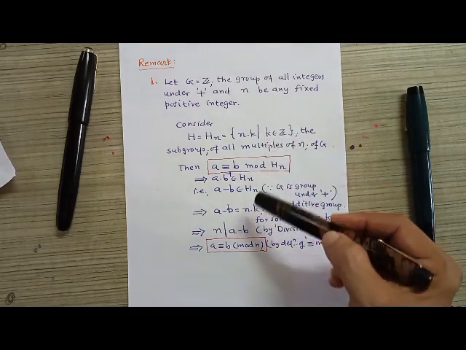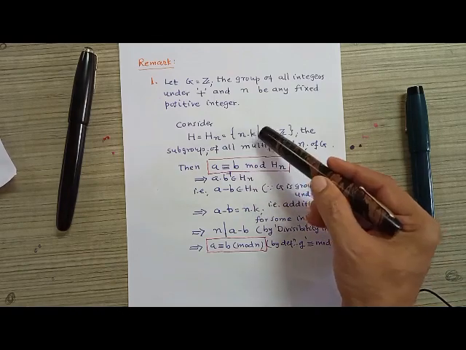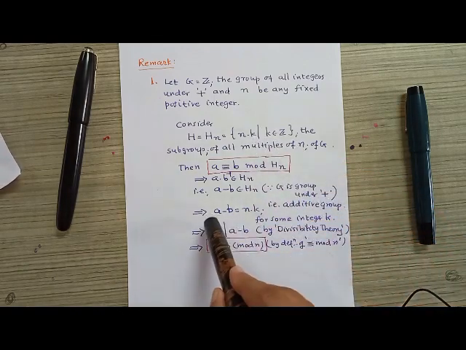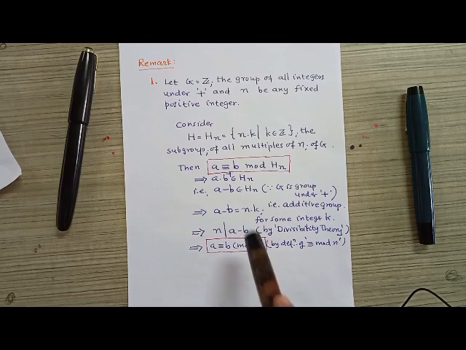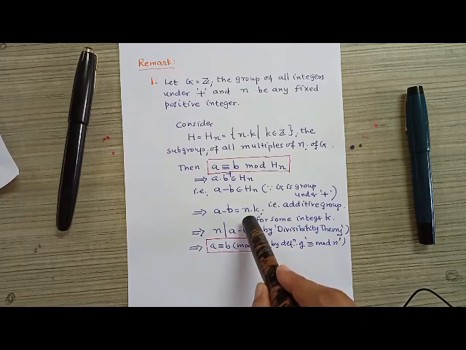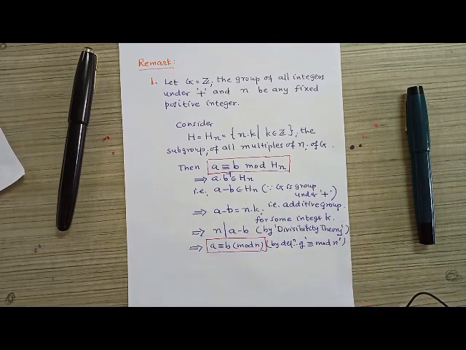Hn consists of all multiples of n, that is A minus B is equal to nk for some integer k, which implies n is a divisor of A minus B by divisibility theory.